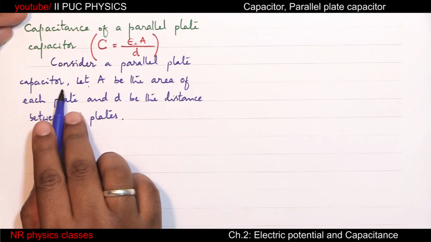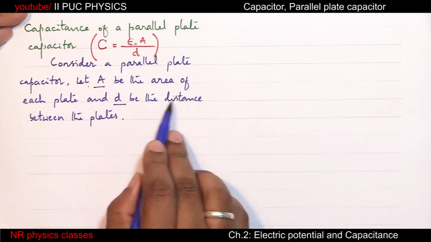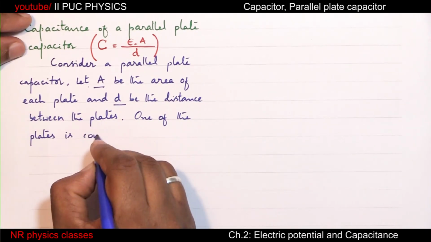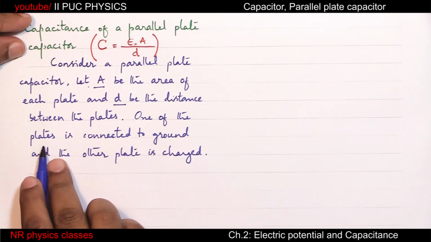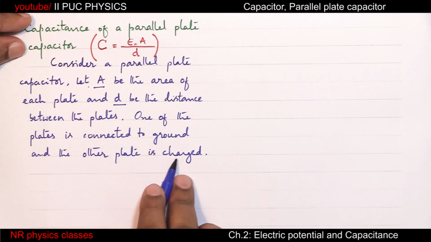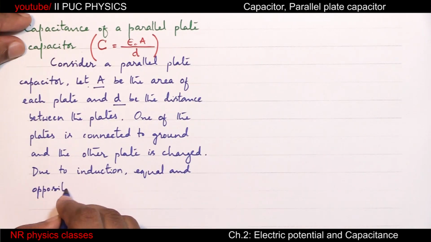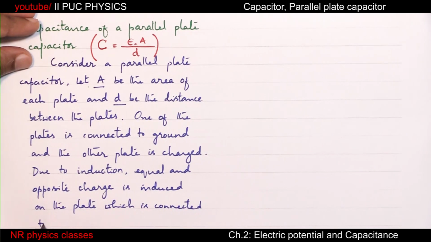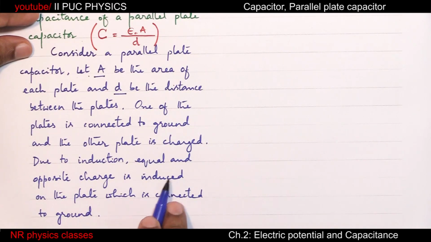Consider a parallel plate capacitor. Let A be the area of each plate and d be the distance between the plates. One of the plates is connected to ground and the other plate is charged. Due to induction, equal and opposite charge is induced on the plate which is connected to ground.